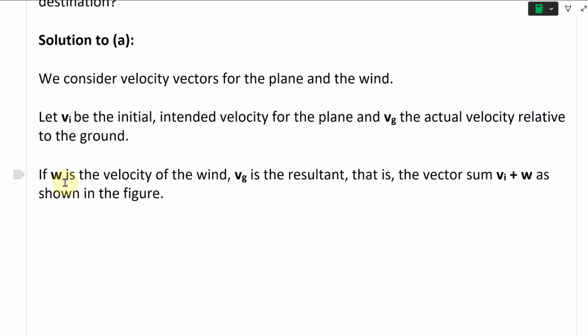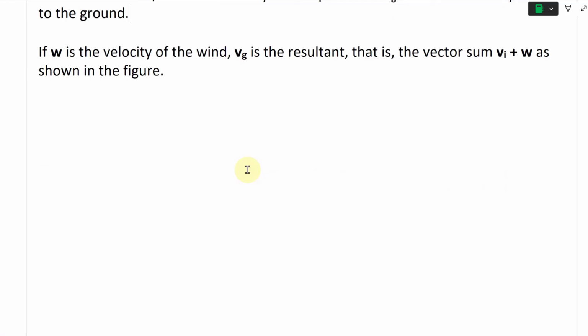And also, if W is the velocity of the wind, V_G is the resultant, and that's the actual velocity. That is the vector sum V_I plus W, as shown in the figure. So let's say you're flying across here. Let's put a flat line so we get the angles. It's flying straight due north.